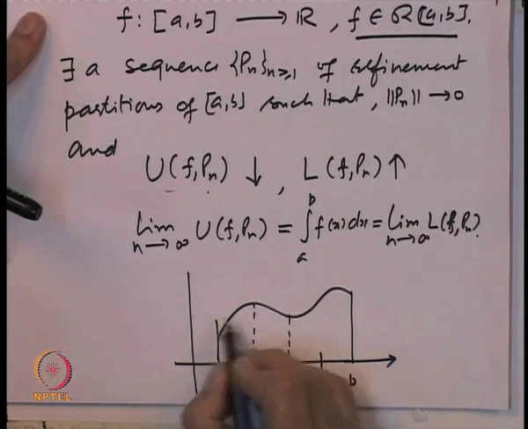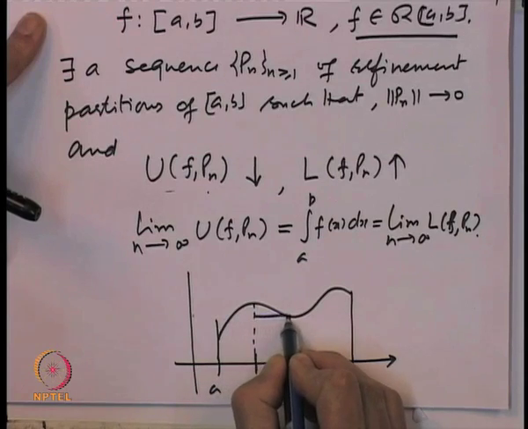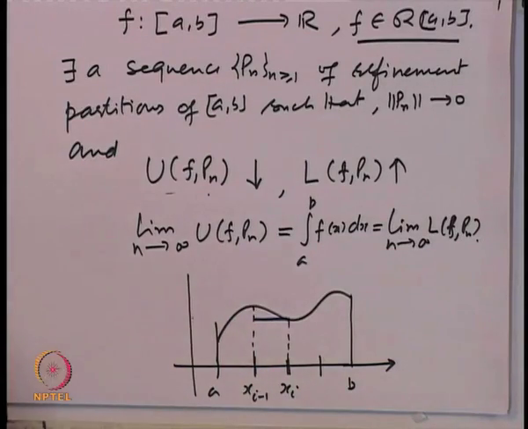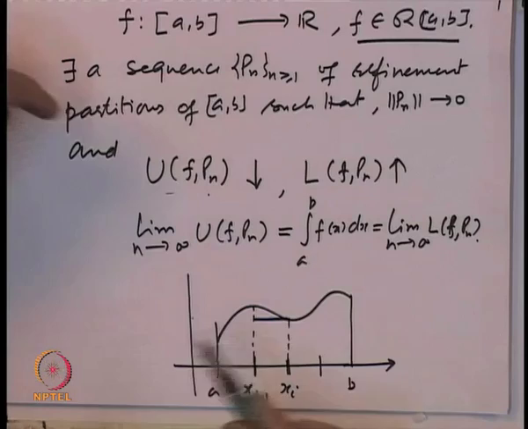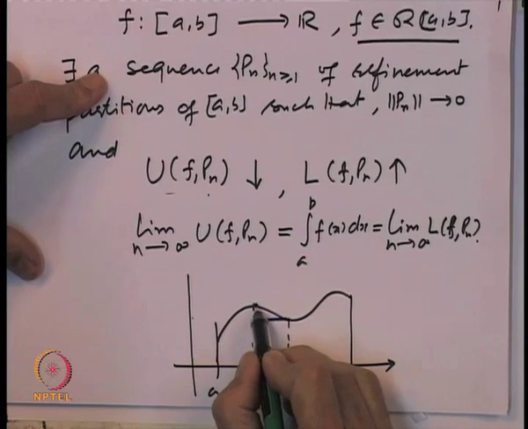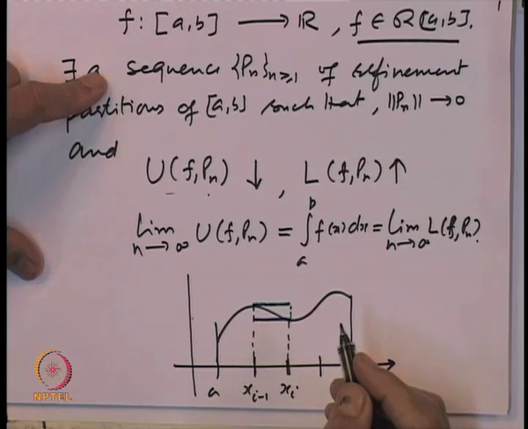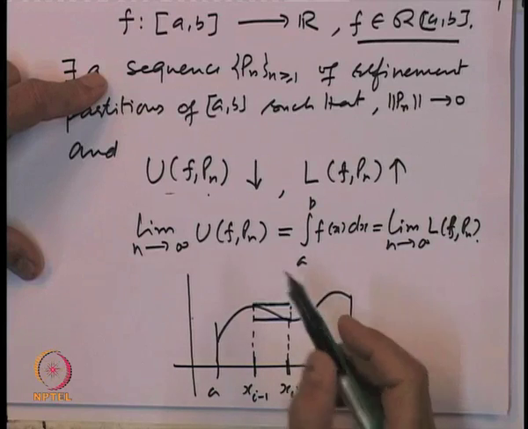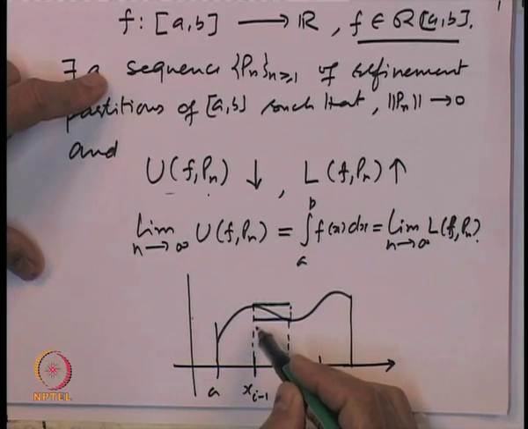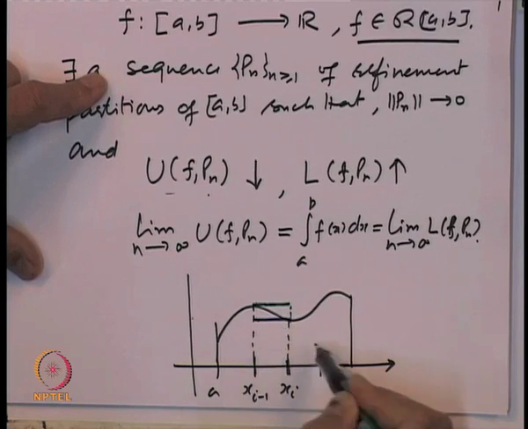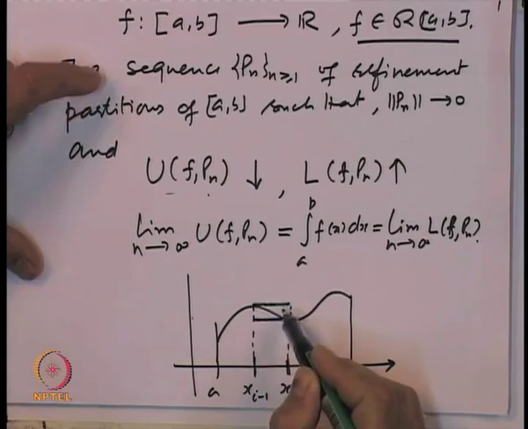That is this, so look at this height, and look at the largest value of the function in that interval. The largest value of the function is somewhere here, so look at that height. So, lower sums consist of the areas of these rectangles with height as the blue line, and the upper sums consist of the sums of all the areas which are the green lines.